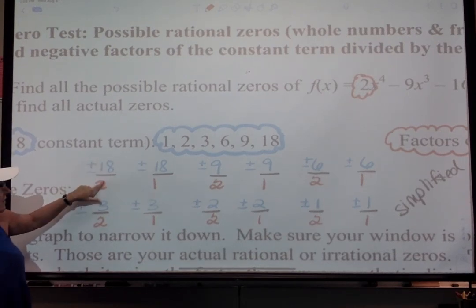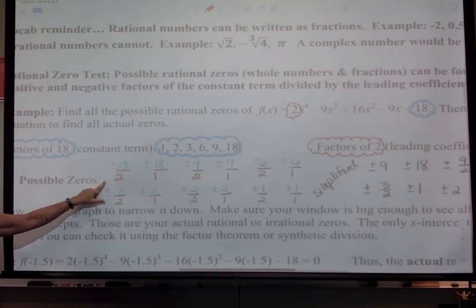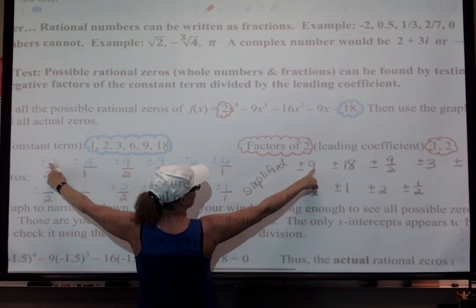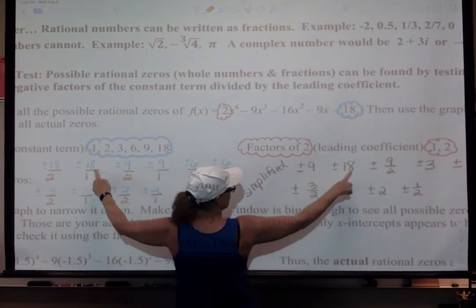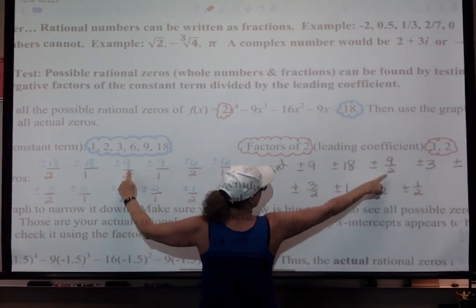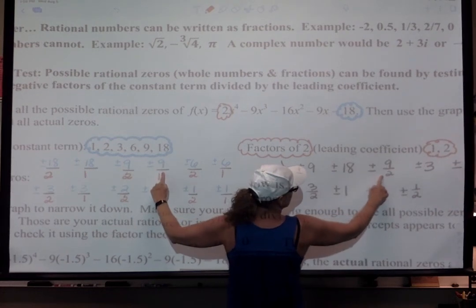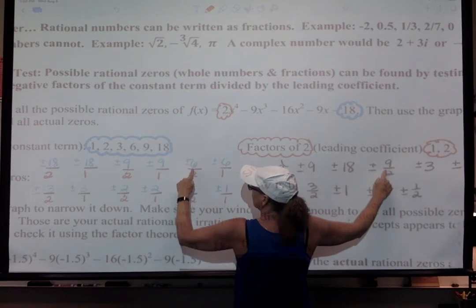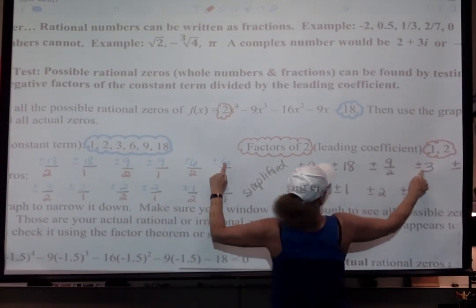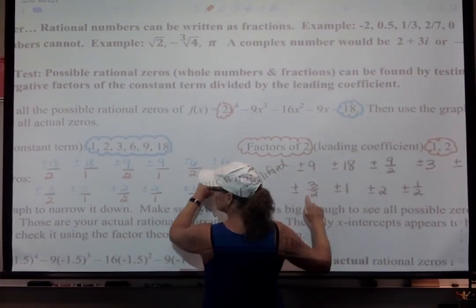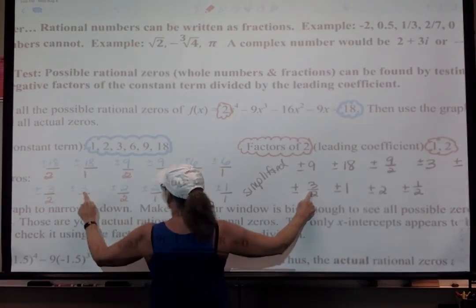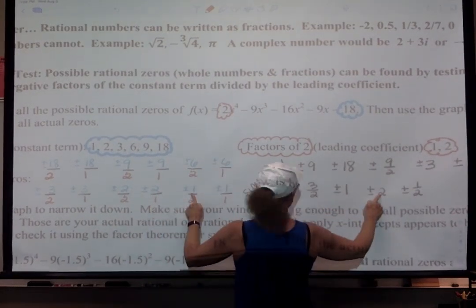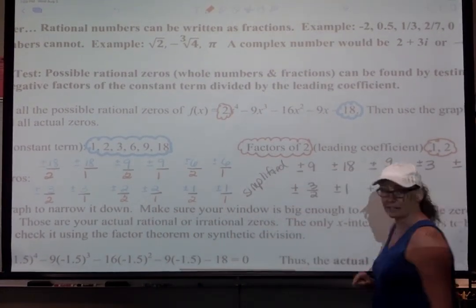Now, I simplified each one of them. So positive negative 18 over 2 I simplified to positive negative 9. Positive negative 18 over 1, couldn't simplify that one. 9, oh, already had it. 3, 6, that one couldn't simplify. 3, already had it. 1, 2, 1/2, already had it.